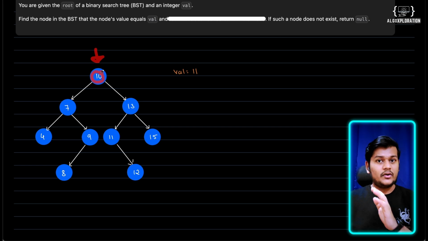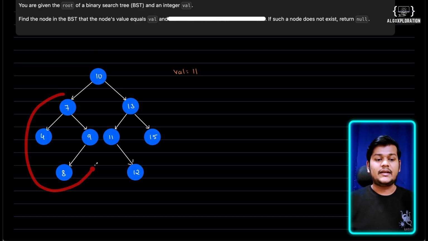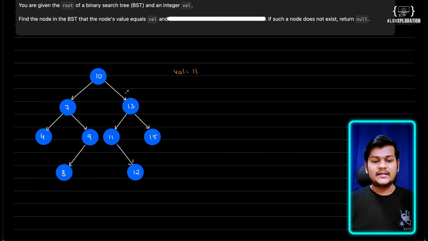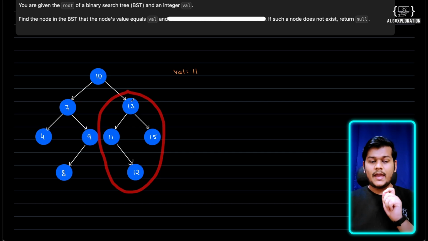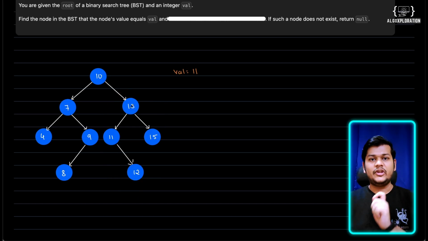The values on the left hand side of this root will always be smaller than or equal to it. So you can see that 4, 7, 9, 8 are smaller than 10. On the other hand, on the right hand side, the values 11, 13, 12, and 15 are greater than 10. And this thing applies on every node.